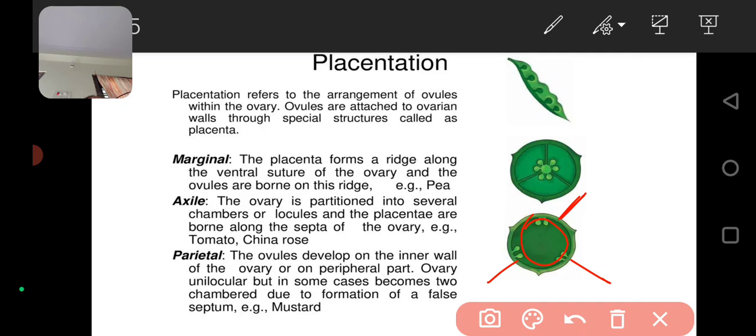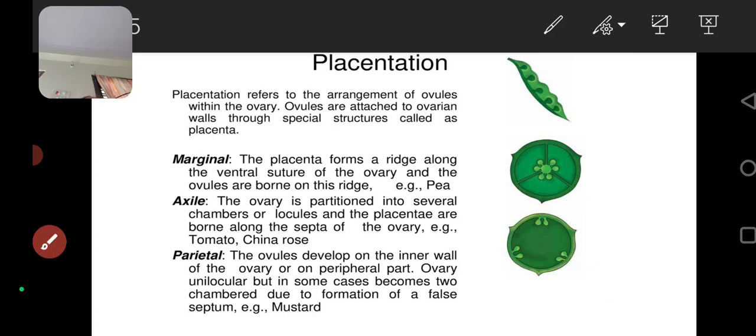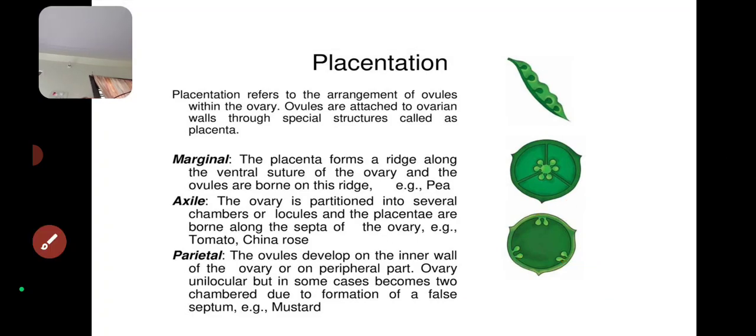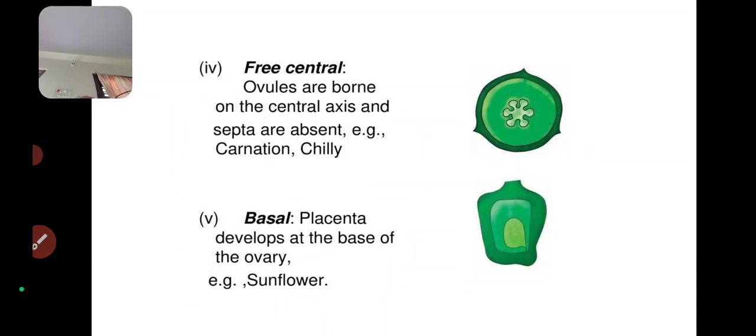This is not in all species; there are exceptions. Only in mustard, a false septum forms inside the ovary and makes it look like two chambers. So in parietal placentation, the ovules are arranged on the inner walls or the peripheral part of the ovary.